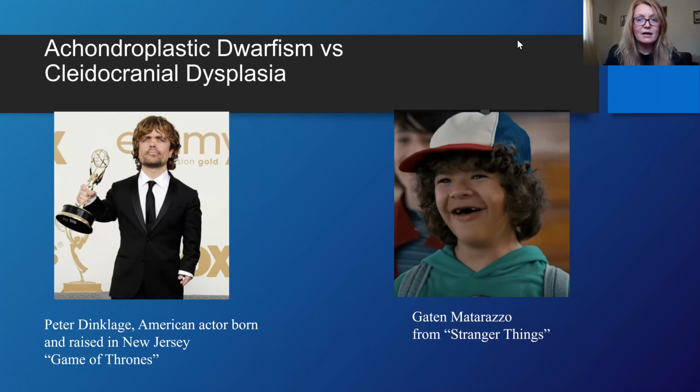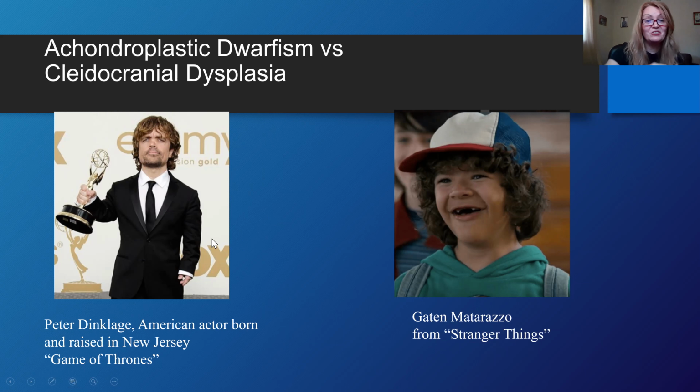And then we have some genetic diseases that affect either your endochondral ossification or intramembranous ossification. One is called achondroplastic dwarfism, right? Shown over here is Peter Dinklage, the actor in Game of Thrones. He has a genetic condition that affects his endochondral ossification.